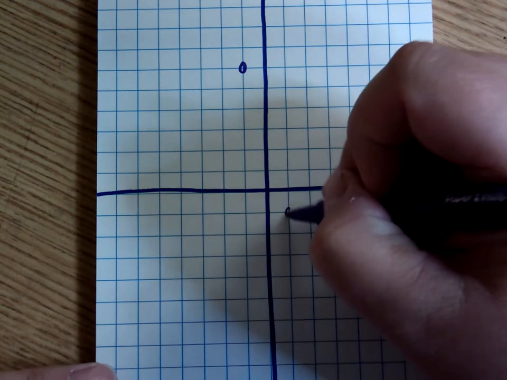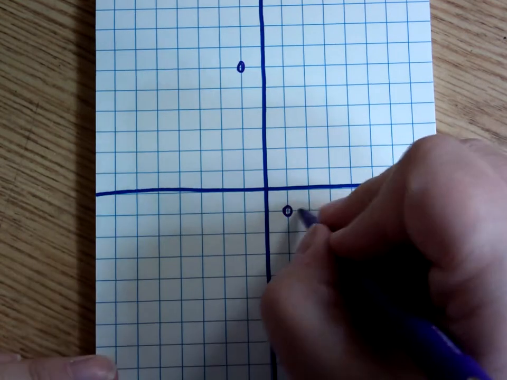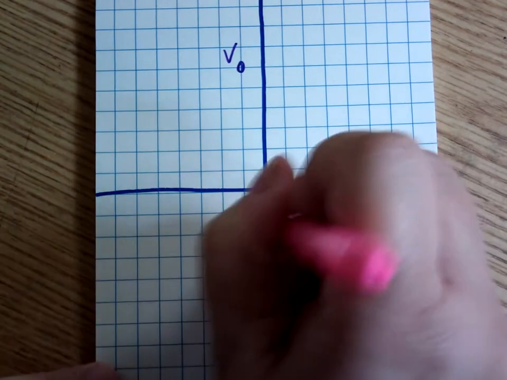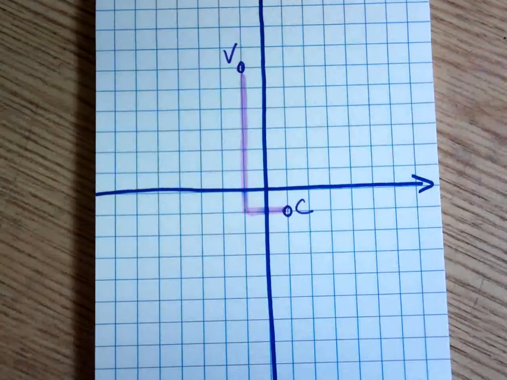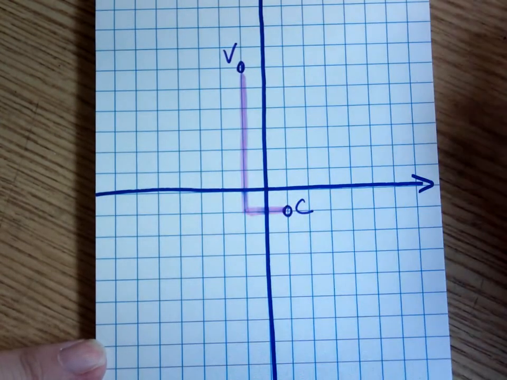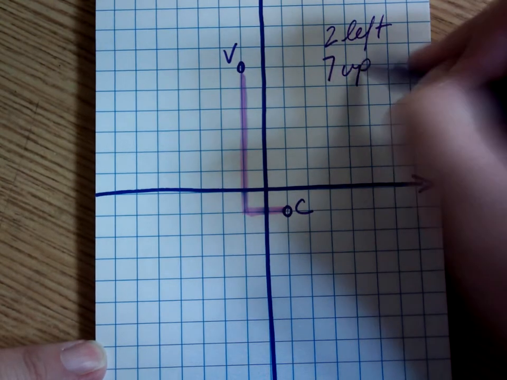So here's my center. So from this center to point V, which is -1,6, I'm going 2 to the left and 7 up to get there. Okay, 2 left and 7 up. Heads up, 7 up.